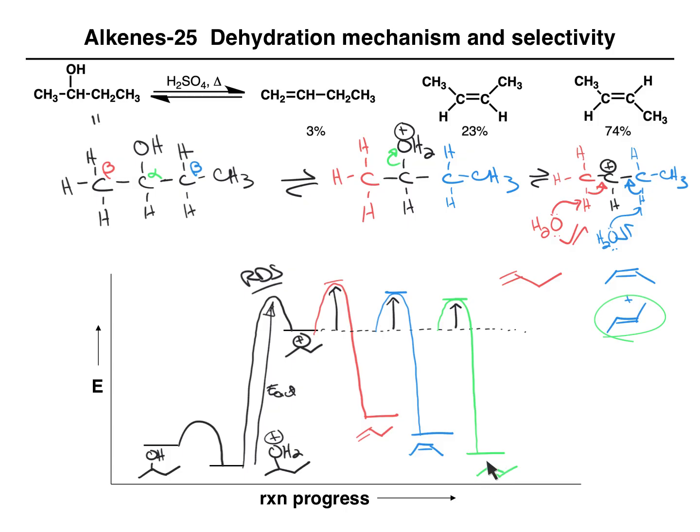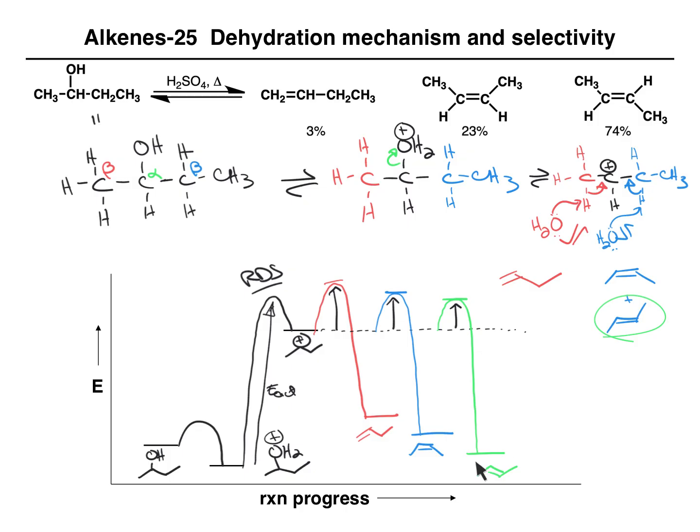And so that little bit of trans disubstituted alkene character makes this transition state a little bit lower than this one, which has the cis disubstituted alkene character, and this one is a little bit lower than this one, which has the monosubstituted alkene character. So technically, we do not get this as our major product because it's the most stable product.